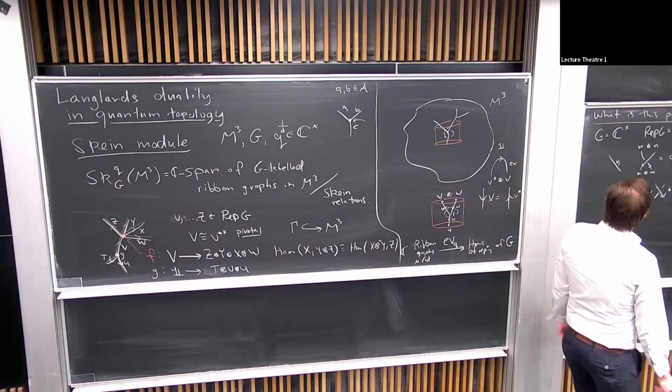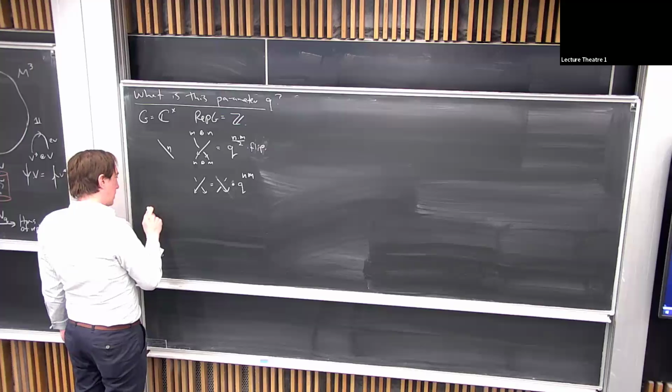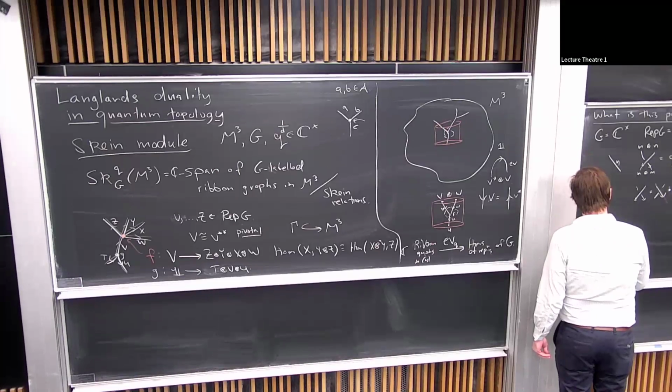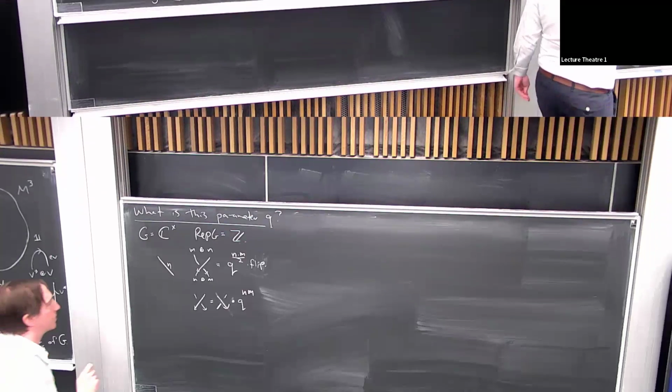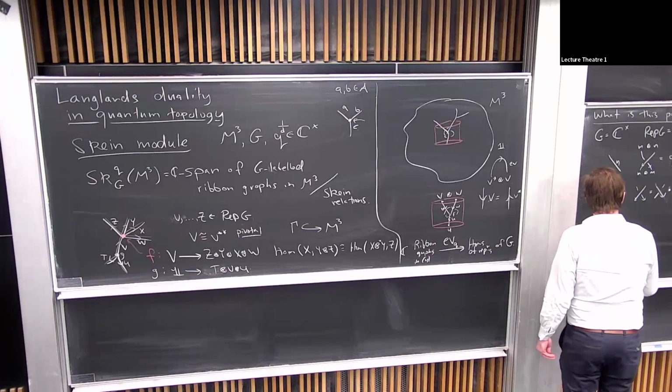So let's look at a slightly more interesting example where G is SL2C.